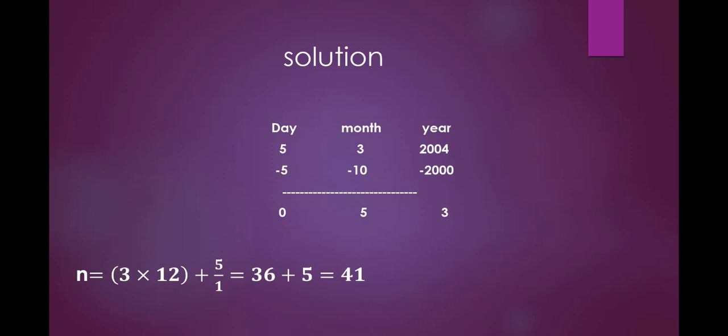So the total time equal 3 years plus 5 months. So to get n, we need to multiply 3 years by 12 and add 5 months over 1. So the number of periods will be equal 41.